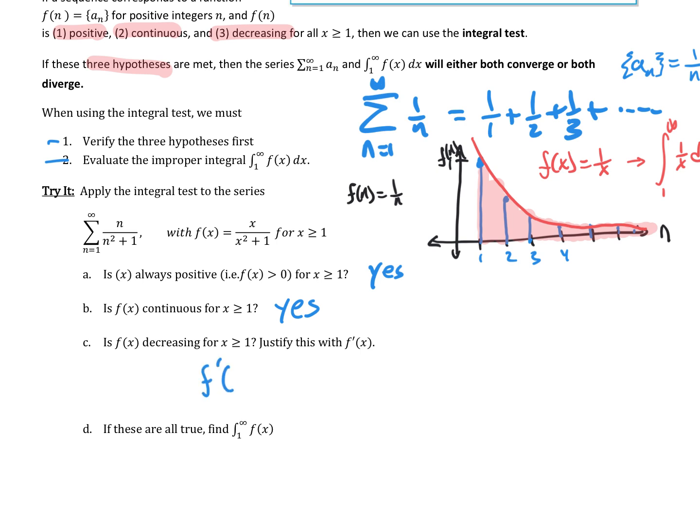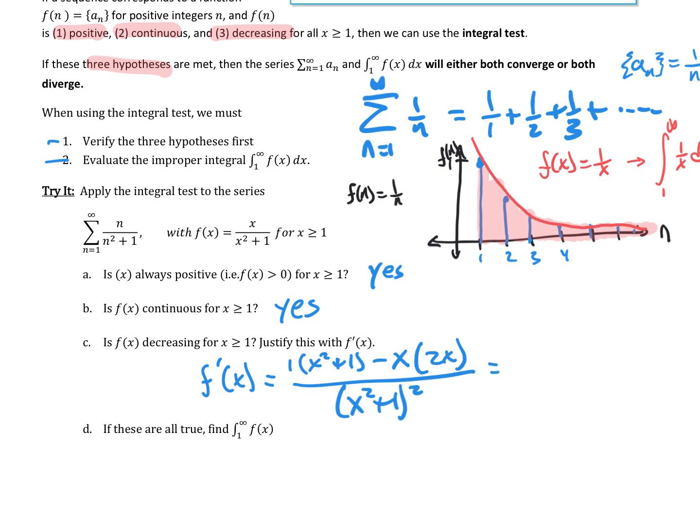F prime of x is the derivative of, this is the quotient rule. So the derivative of the top is 1 times x squared plus 1 minus the top times the derivative of the bottom, all over the bottom squared. Now we need to ask ourselves, is this positive or negative? Actually, let's clean it up a little bit first.